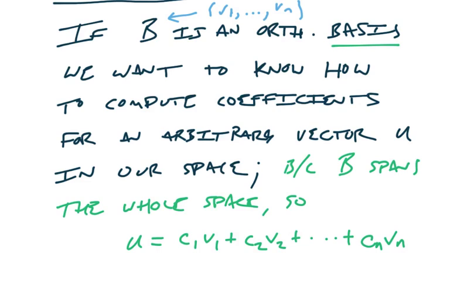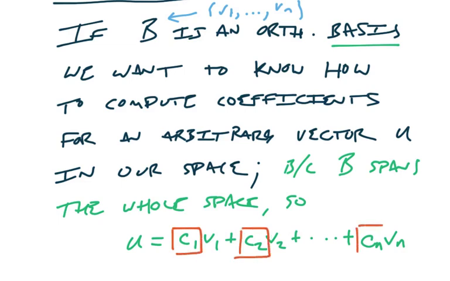So we know this can be done because it's a basis. And the first thing I really want to emphasize here is that this is really the why we care about bases for vector spaces. It's about figuring out the decomposition of any given vector U into the linear combination in terms of the basis vectors.